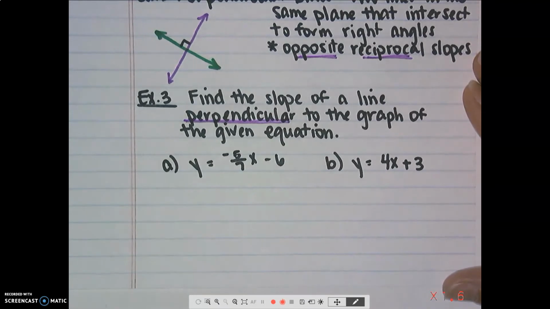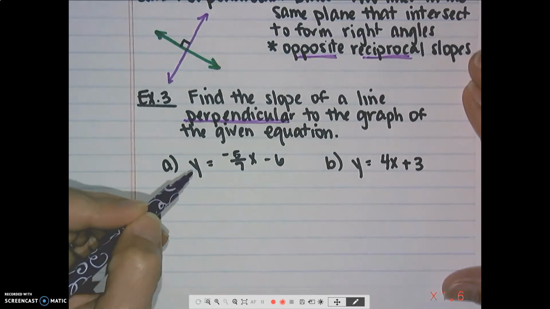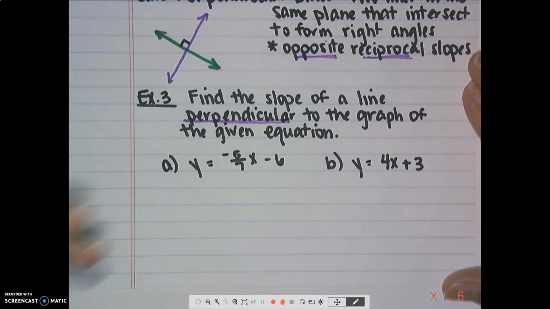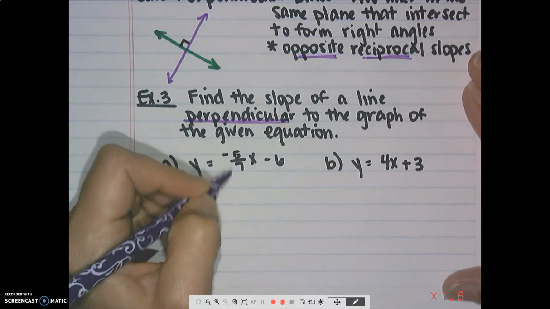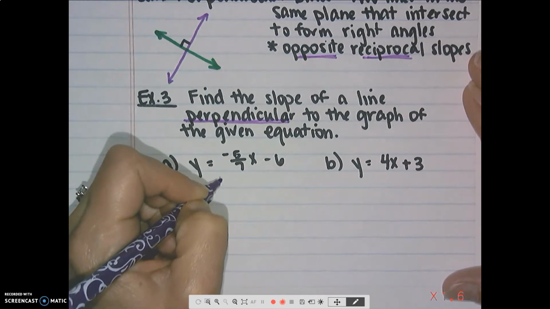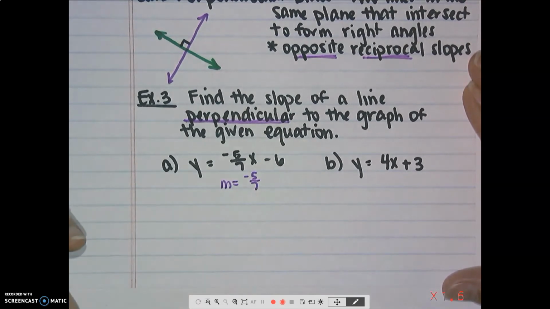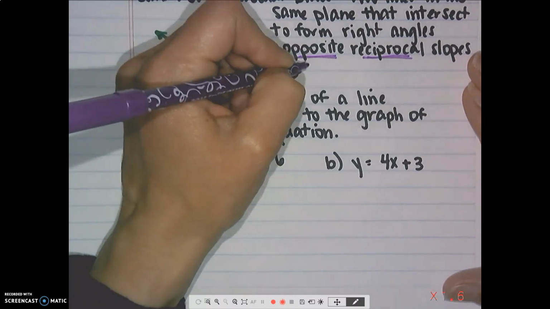reciprocal. Opposite reciprocal. So if we have y equals negative 5/7 x, okay? So the slope of this is negative 5/7. So the opposite means that we switch the sign of it, okay? And reciprocal means we flip the fraction. So we can even add that up here.